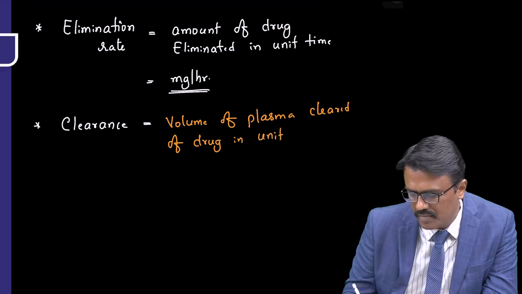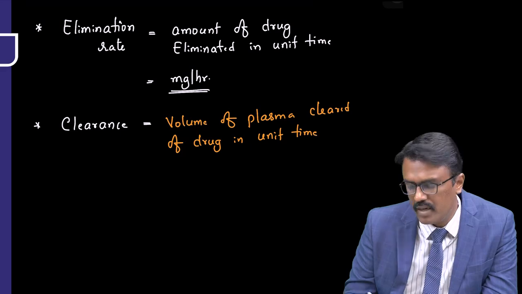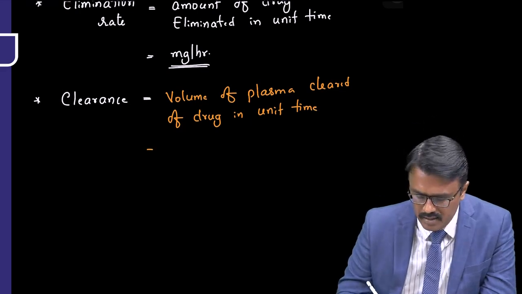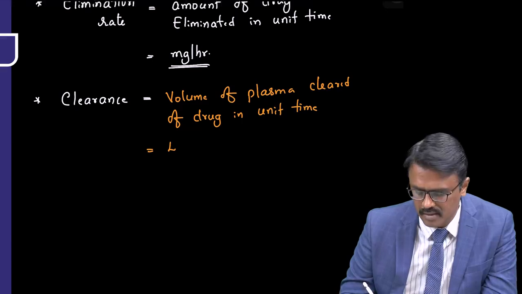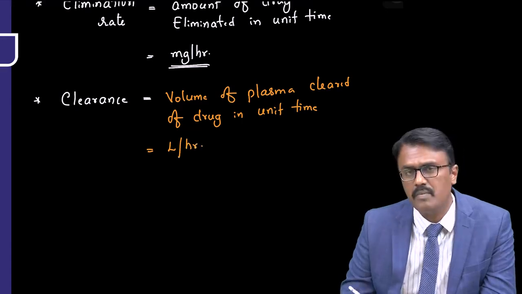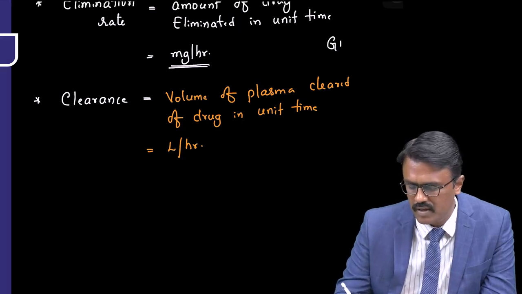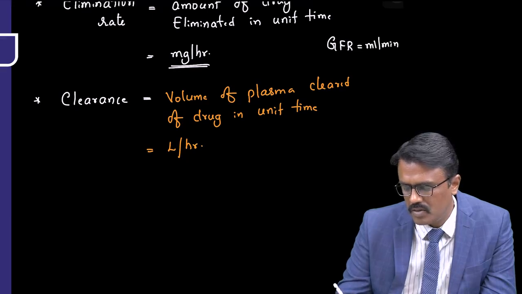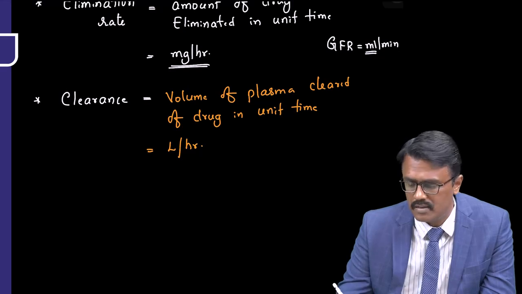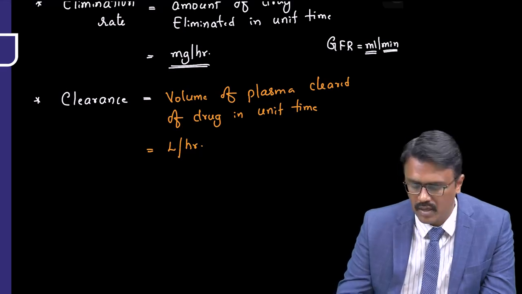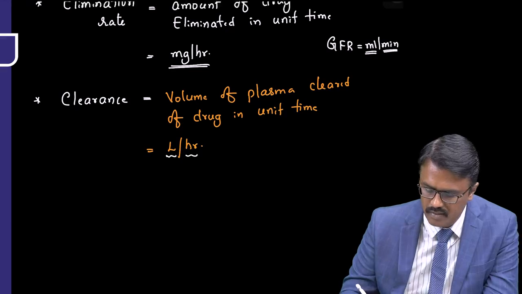So in a given time, what is the volume of plasma cleared of the drug? Volume is liter and unit of time is hour, so it is liter per hour. I told you it is similar to GFR. GFR is given as ml per minute, so ml is the volume and minute is the time. Here we are expressing it as liter per hour.